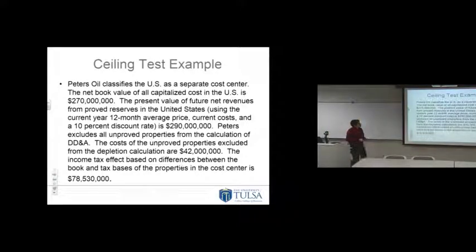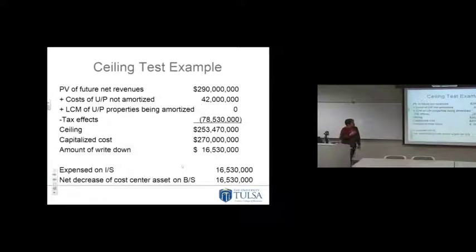Peters excludes all unproved properties from the calculation of DD&A. The cost of the unproved properties excluded from the depletion calculation are $42 million. The income tax effect based on the differences between book and tax basis of the properties is $78,530,000.